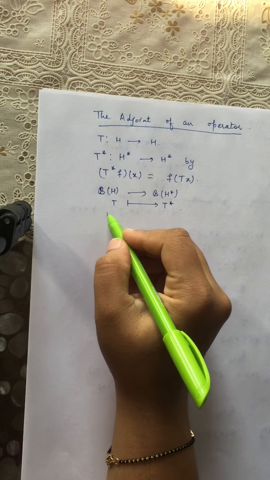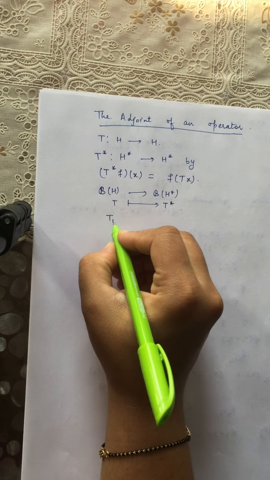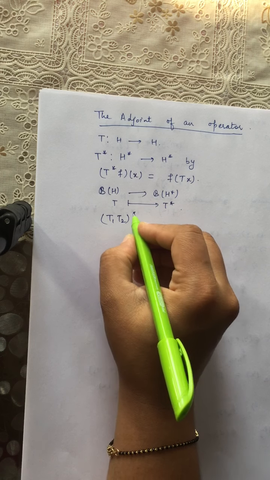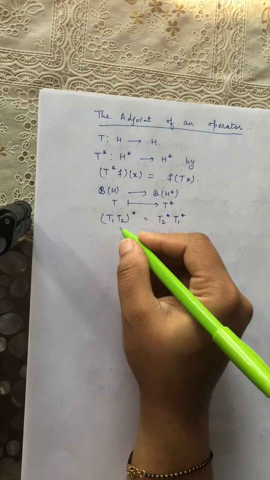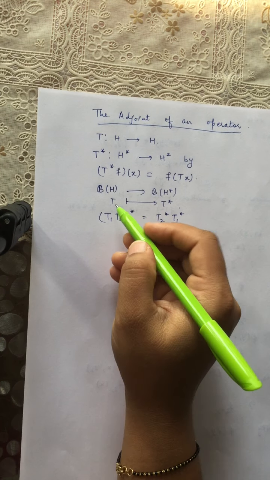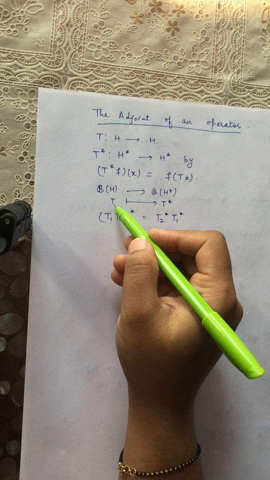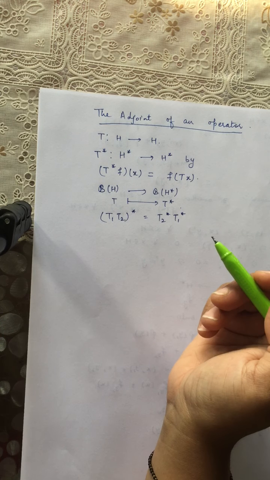Reverses products means (T1 T2) star is equal to T2 star T1 star. So the product is reversed, and it preserves the identity transformation, meaning the identity transformation I goes to I star, and I star is the identity of B(H star).